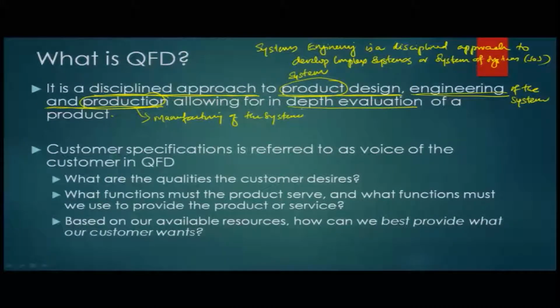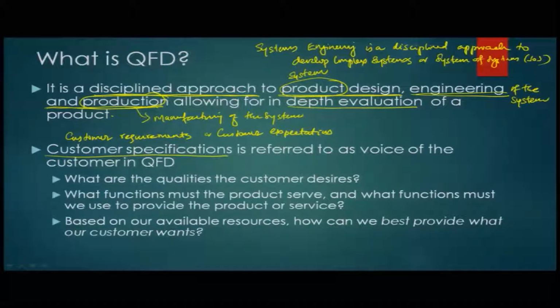So, the expectations, what we call customer specifications, or in systems engineering customer requirements or customer expectations. There are many ways people describe this aspect of customer specifications, about the view of the system, how the system should be, all those aspects.